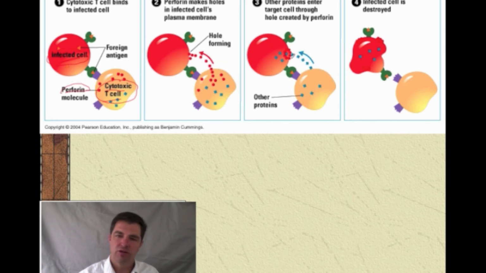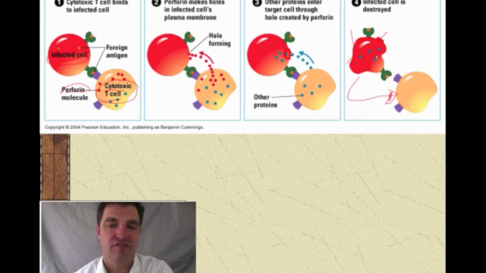It prevents homeostasis of your own cell, and your cell basically ruptures and it dies. So this is your own cell being killed by one of your own cells. And the idea there is that because this cell is infected with a virus, you can't really save it.